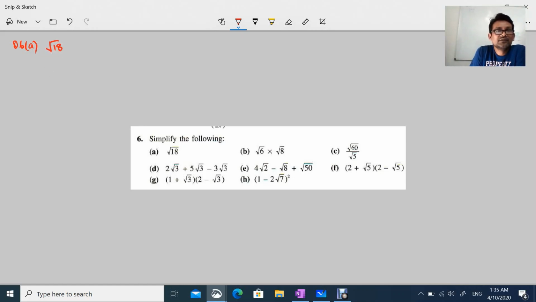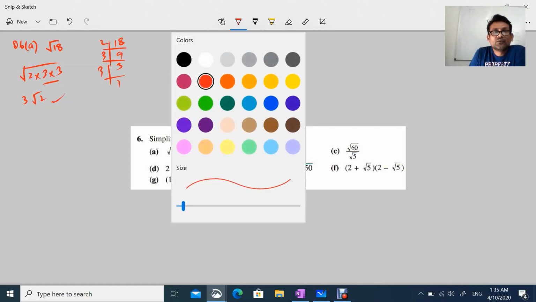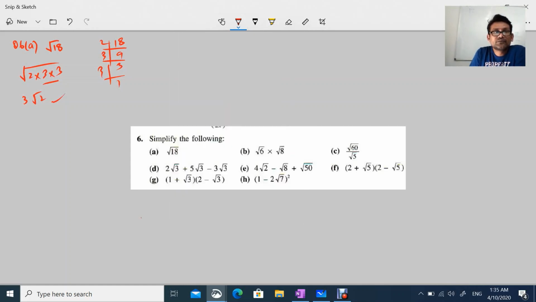Under root 18, this is very simple. You can write 18 as 2 times 3 and 3. So you can write 2 into 3 into 3, and the pair will come out, and the answer is this. Moving on, this was very simple.